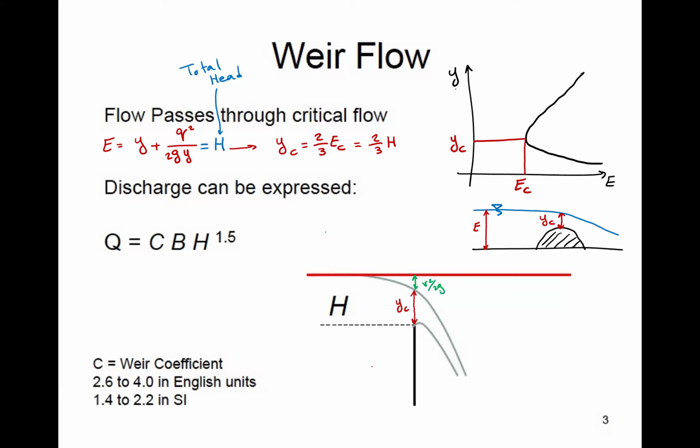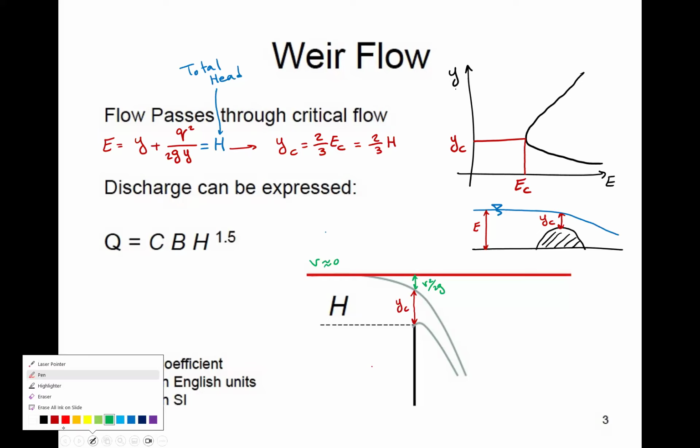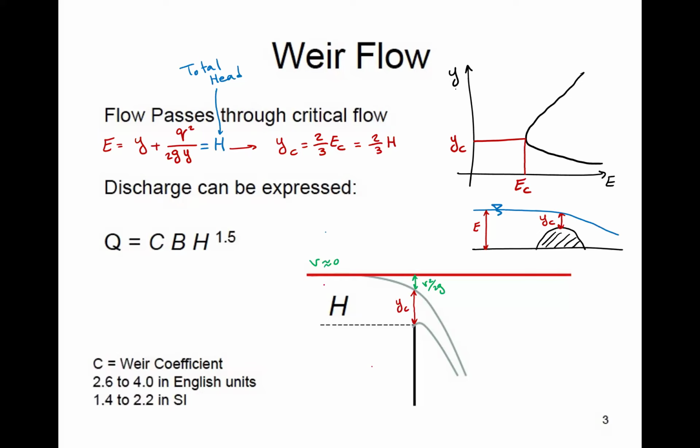As you keep moving upstream, at some point velocity will be almost 0. It will never be 0 because there's flow, but it will be negligible compared to the velocity at the crest. So we're going to assume it's 0. And then you get a total head or a specific energy of this much. So this will be the same as EC upstream.